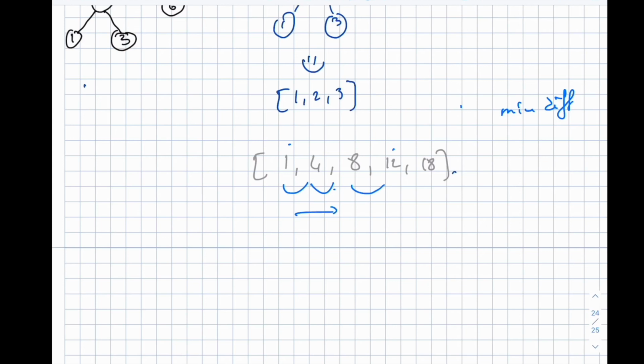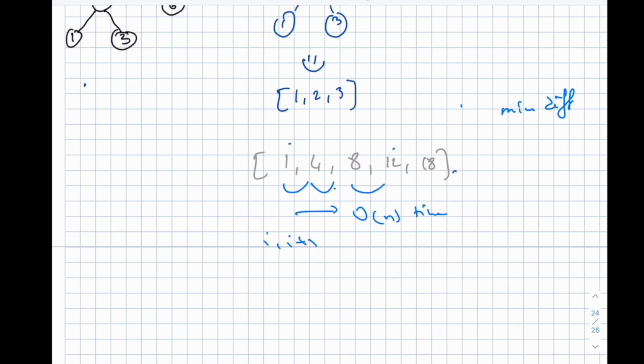And comparing adjacent ones can be done in O(n) time, right? We can just compare each i with i plus 1, for i from 0 to n minus 2, and that should be enough.